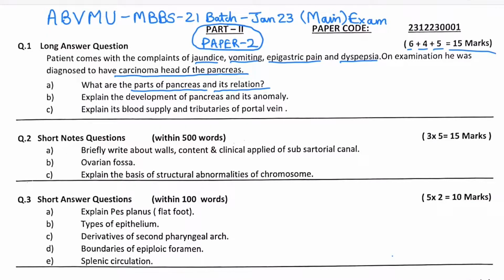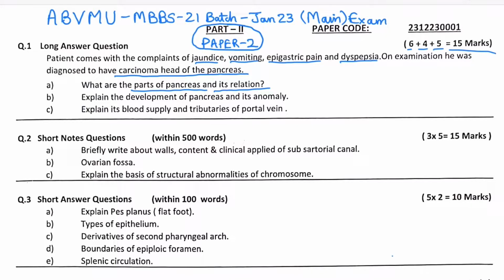Now talking about the head of the pancreas, it is towards the right and is in relation to the duodenum laterally. So the second part of the duodenum lies towards the right, the third part lies below the head, and the fourth part lies on the left side of the uncinate process, while the first part of the duodenum is in anterior relation to the head of pancreas.